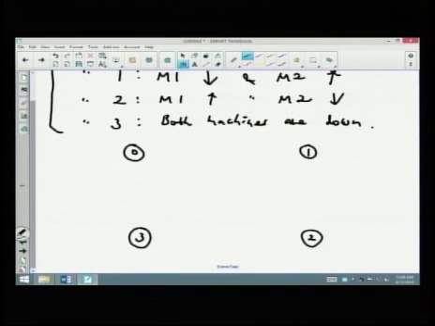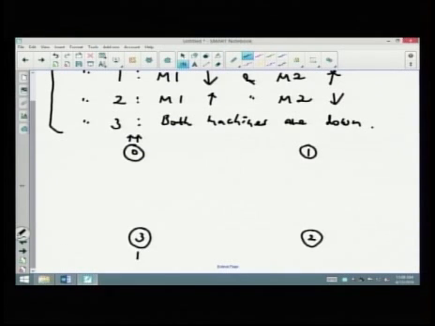Okay? So here both machines are up, right?